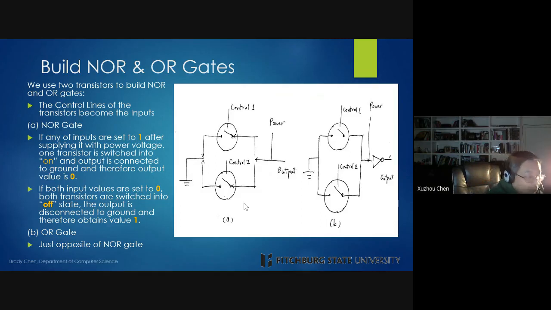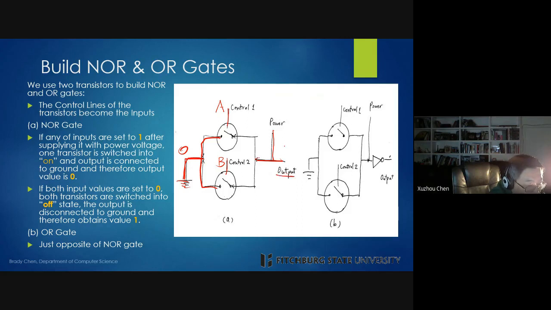So now you have control A and control B, the inputs A and B. Here these are grounded, so it's 0. Now this is the power applied to the output.